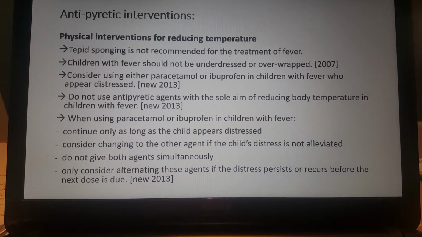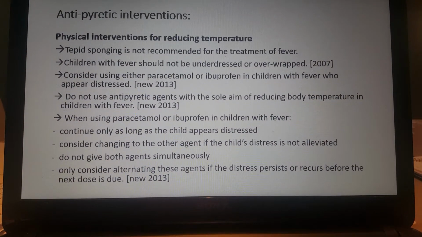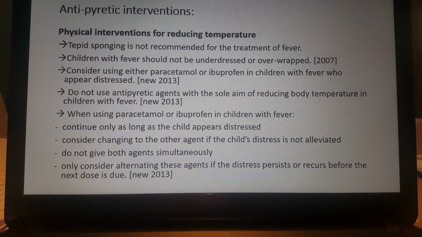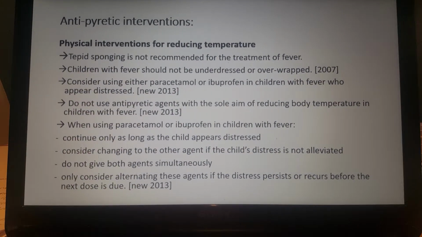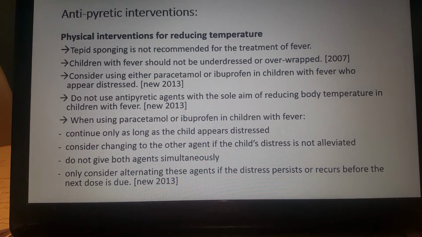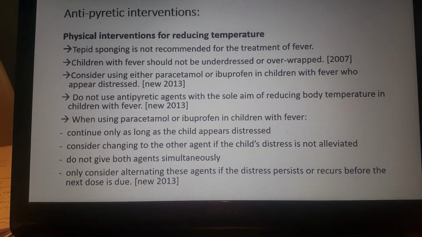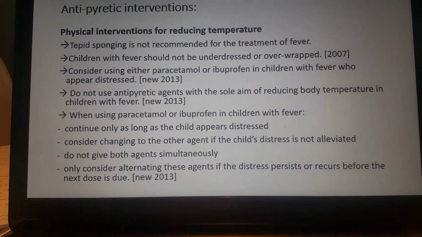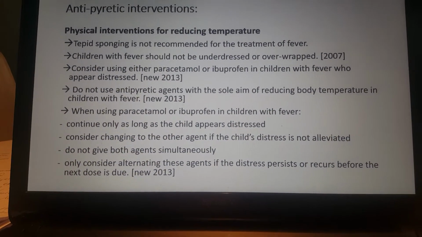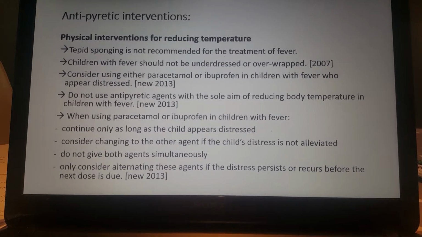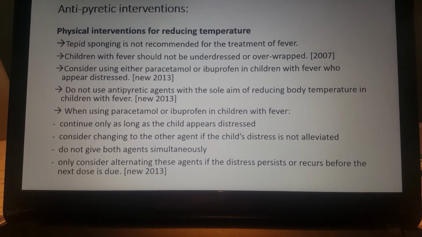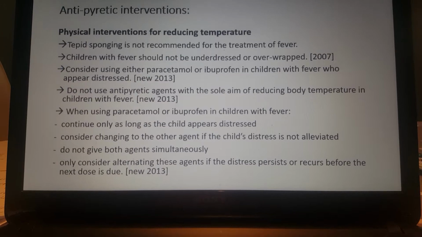A brief look at antipyretic interventions. A lot is already known about the physical interventions for reducing temperature and which ones work and which ones don't. But again, they state that tepid sponging is not recommended. Children with fever should not be underdressed or overwrapped. We should be considering using paracetamol or ibuprofen in children with fever who appear distressed, but we should not be using antibiotics with the sole aim of reducing body temperature in children with fever.